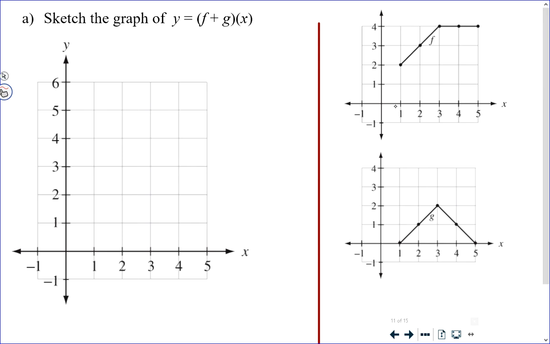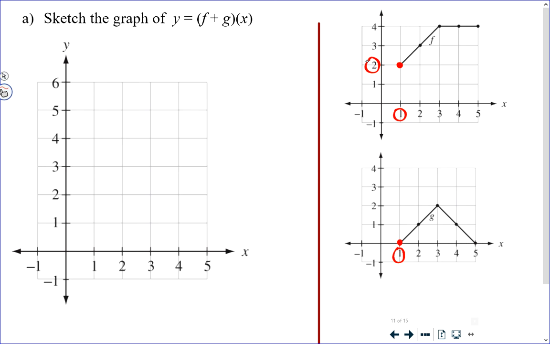So if I were to take a look at the first place that both of these functions are defined, they are both defined at 1. Now, there is a point on f where x is 1, and there is a point on g where x is 1. When x is 1 on f, the y coordinate is 2.